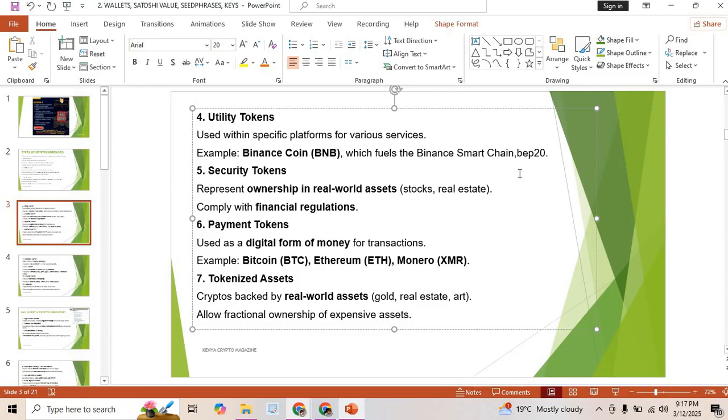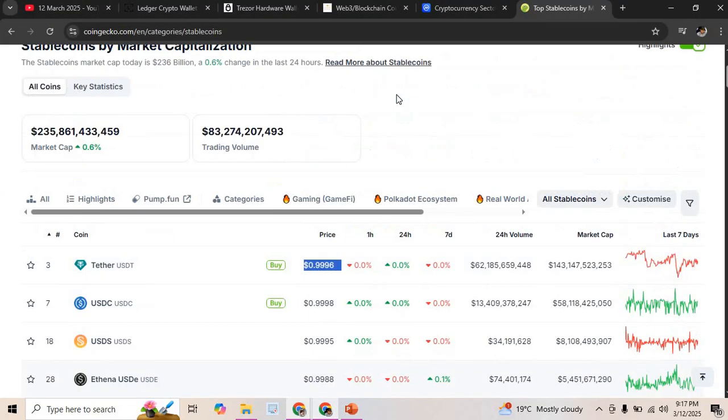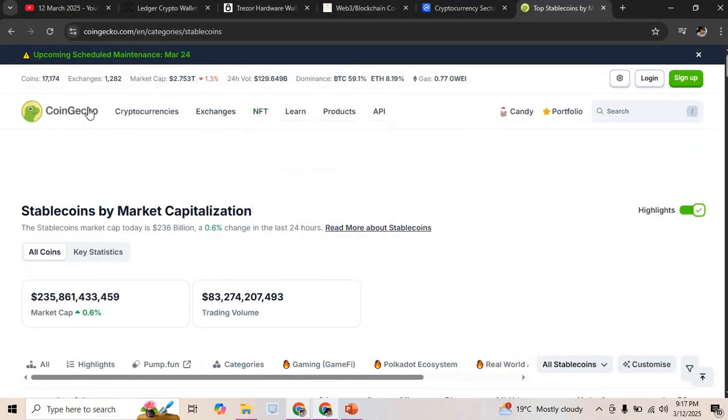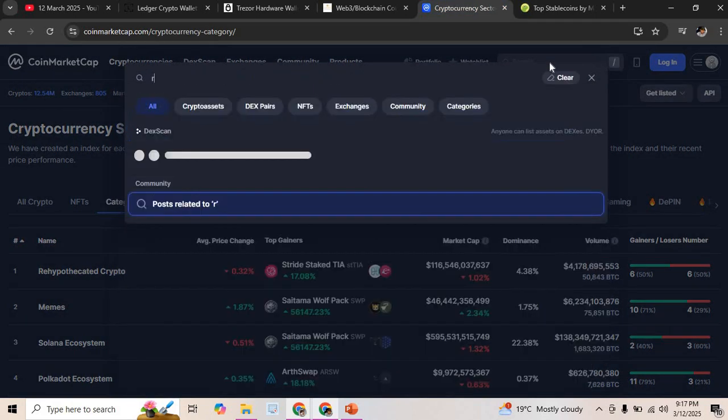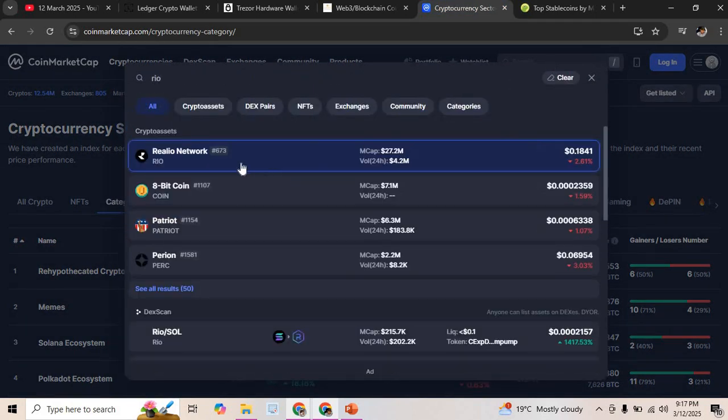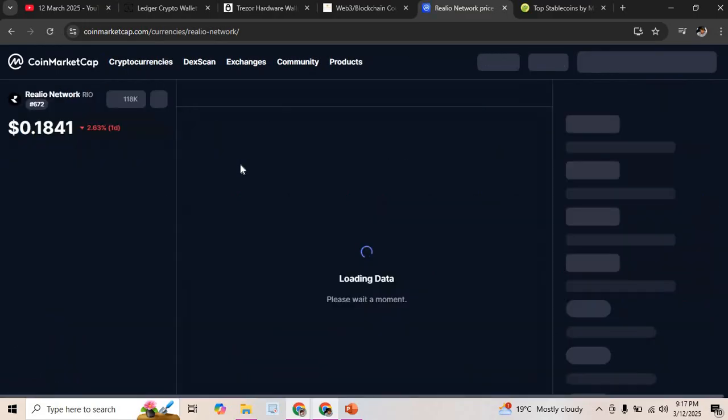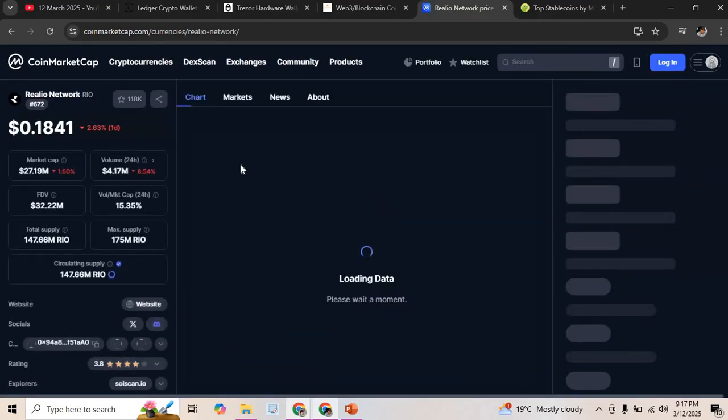It fuels the BEP20 network. Then we have security tokens. They represent ownership in real world assets. Let me search for Rio right here. Rio is an example of a real world asset right here. They represent digital ownership.